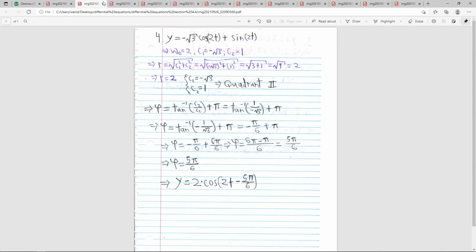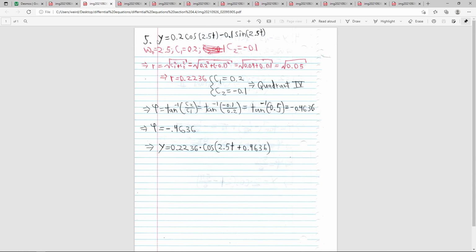Now we have one a little bit more complicated. We have 2.5 for omega naught, 0.2 for c1, and c2 equals negative 0.1. We get R equals 0.2236. We have positive c1, negative c2, so quadrant 4. We get negative 0.4636, so it's a little bit ugly.